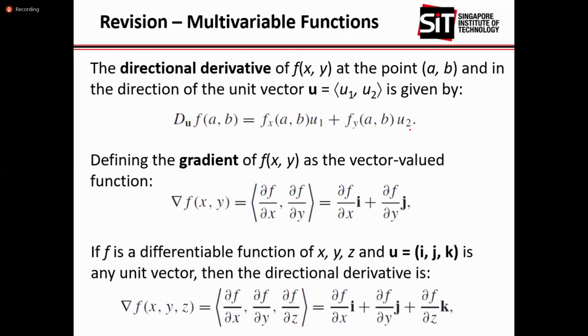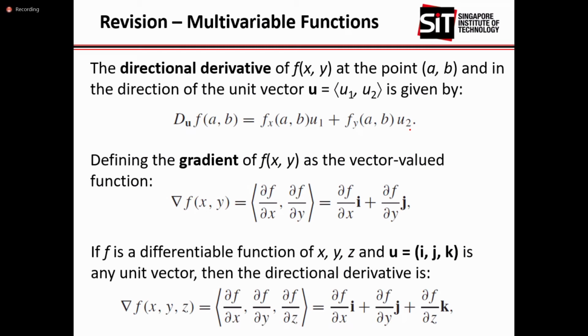To determine a directional derivative, we introduce the concept of gradient. The gradient of a multivariable function is a vector valued function for which the components are the partial derivatives.